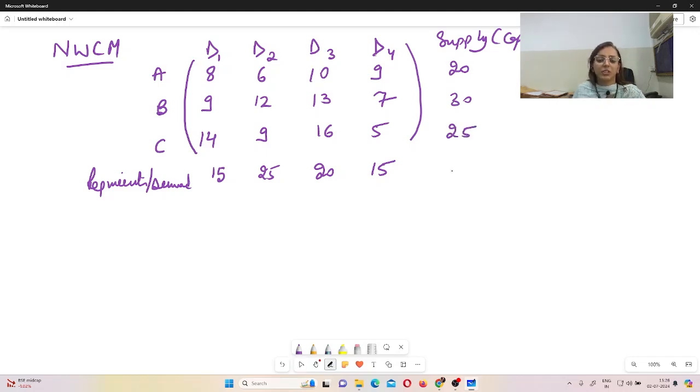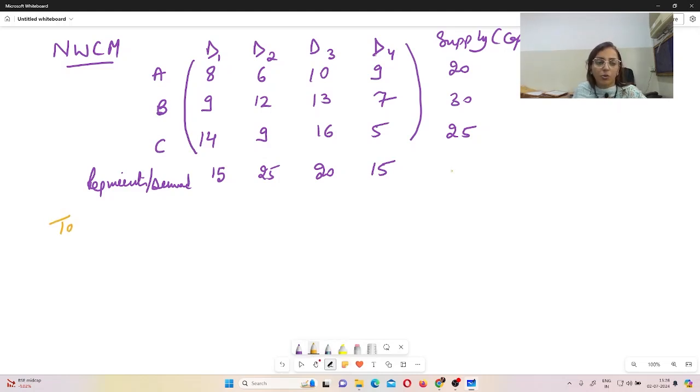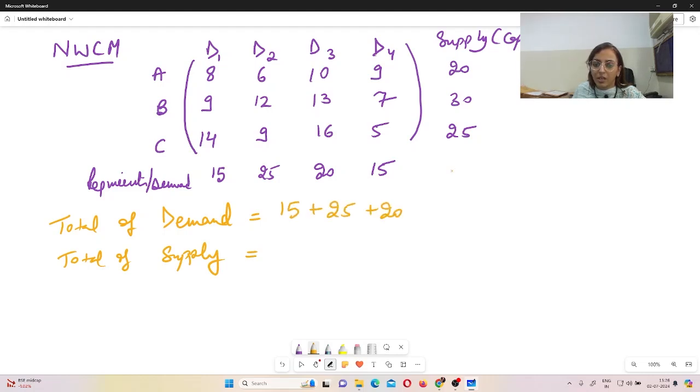Starting with this information, first we find out whether the question is balanced or not. Write the total of demand, add all the values of demand, and the total of supply, add all the values of supply. Demand is 15 plus 25 plus 20 plus 15, that is 75.